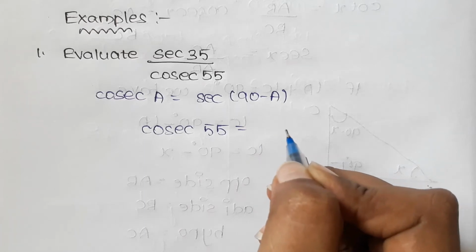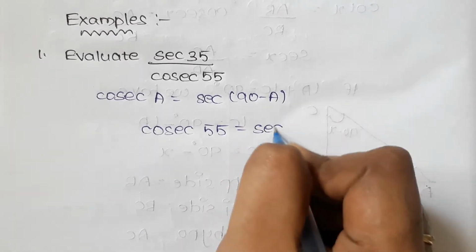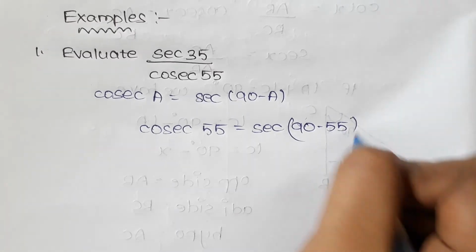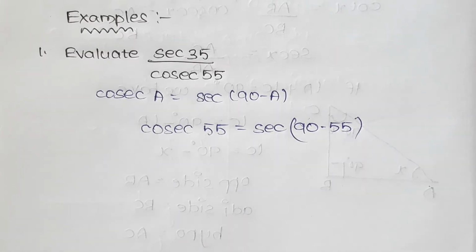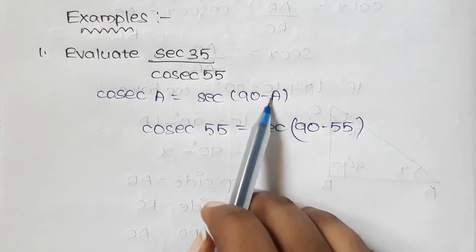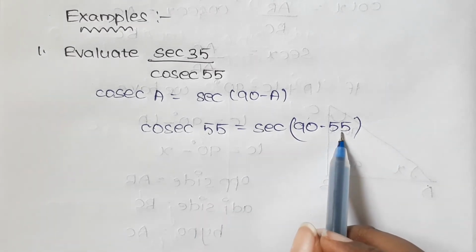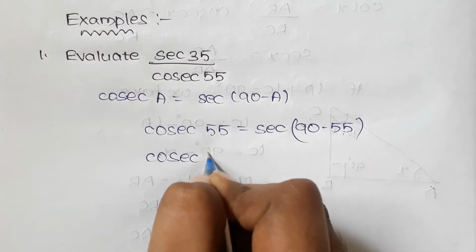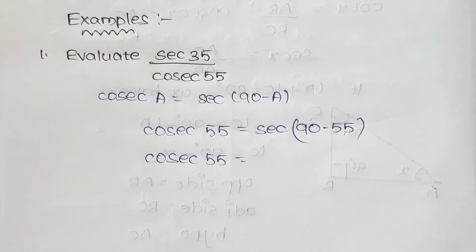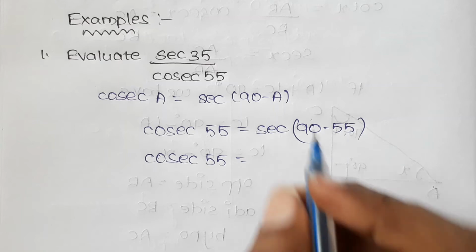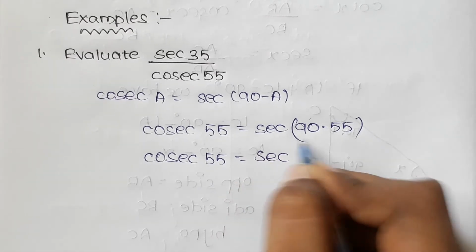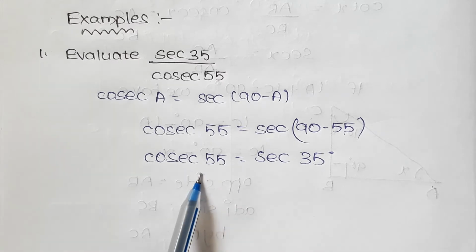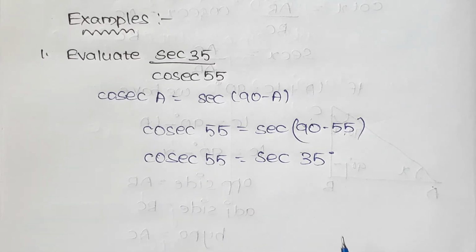Cosecant 55 equals secant of 90 minus 55. 90 minus 55 is nothing but 35, so cosecant 55 equals secant 35.